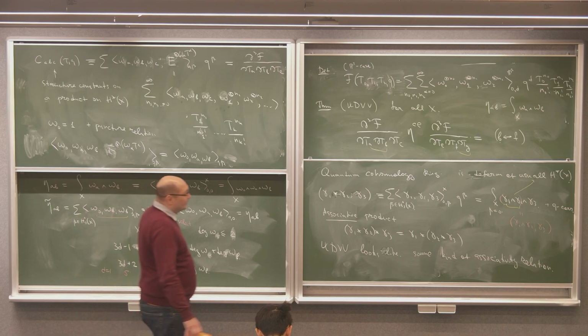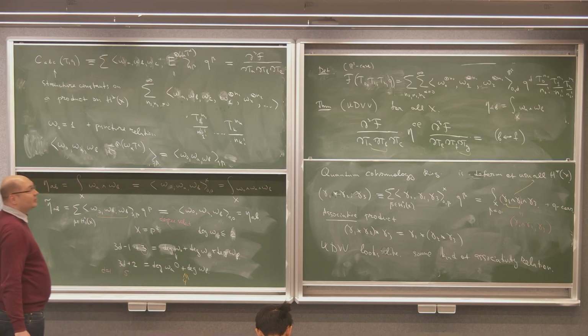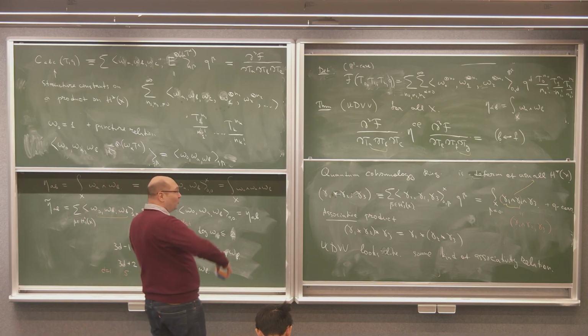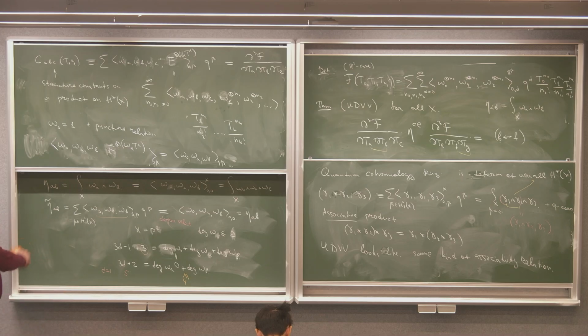On the B side, I can give you a full proof starting with some definitions, and combined with a proof of mirror symmetry, you can get a proof of the A side relation. So that will be my strategy.